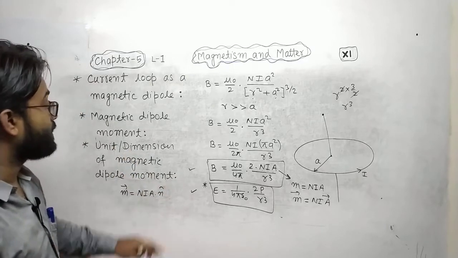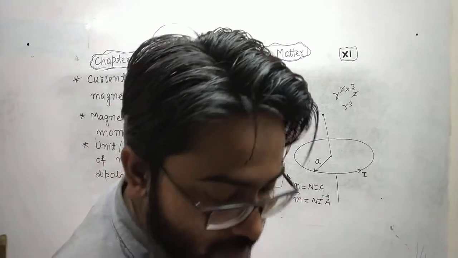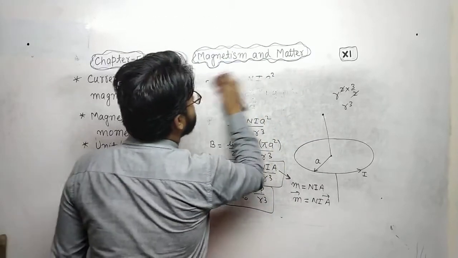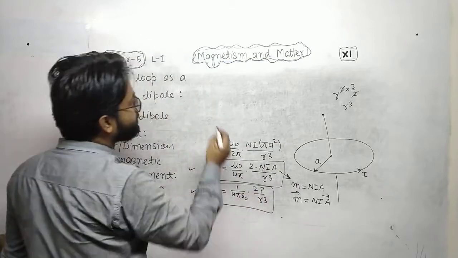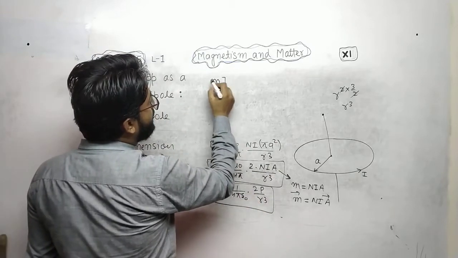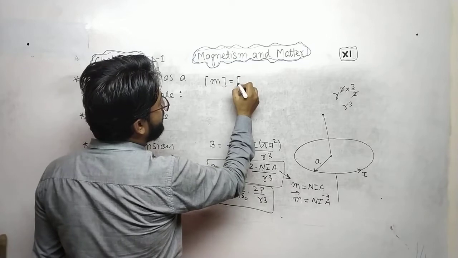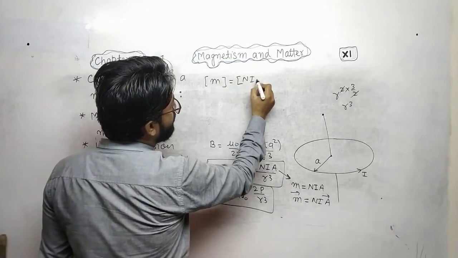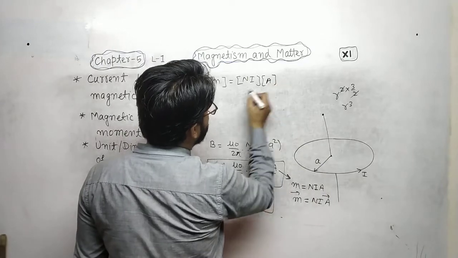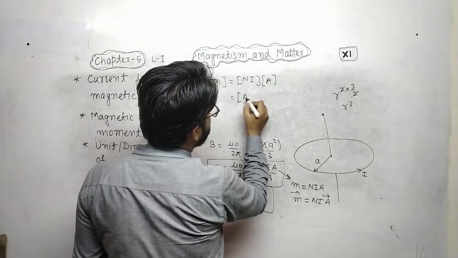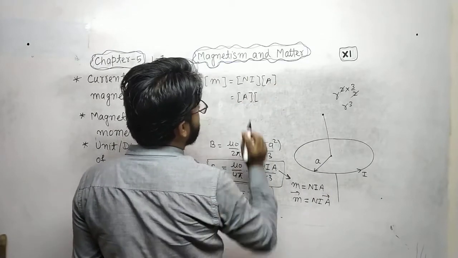Now let us discuss the dimension of magnetic dipole moment. Dimension of magnetic dipole moment is equal to the dimension of current times the dimension of area. You all know that dimension of current is A, because N is a number.